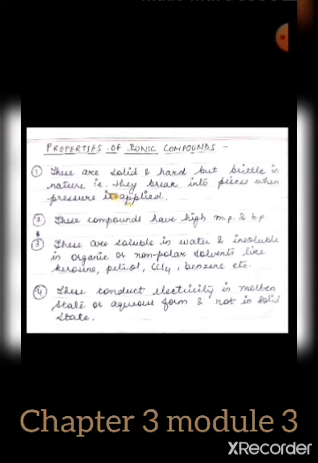When free ions or electrons are present, then only electricity can flow. So in molten state and aqueous form, electricity can flow through them, whereas in solid form they are bonded with each other, so electricity cannot flow through these types of compounds.